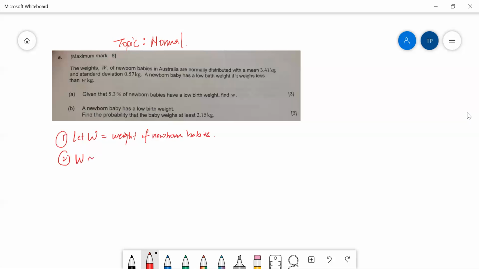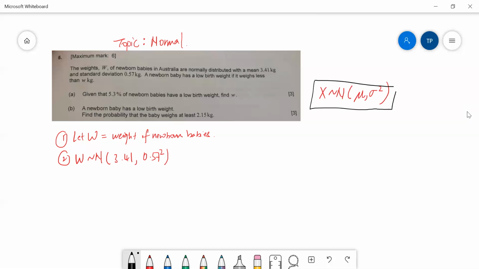W follows the normal distribution with mean 3.41 and standard deviation 0.57 squared, because the notation is N(mu, sigma squared). You know that, right? Even if you don't know that, it's fine. We'll be going through it.